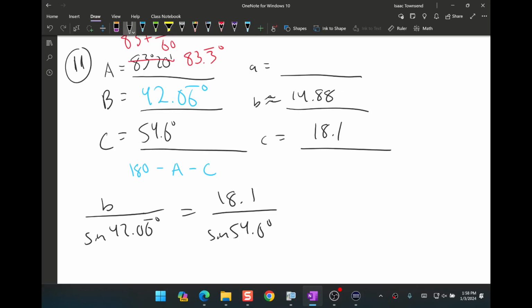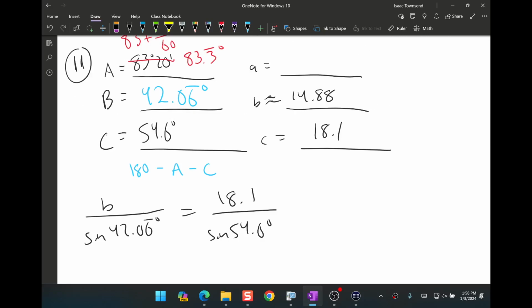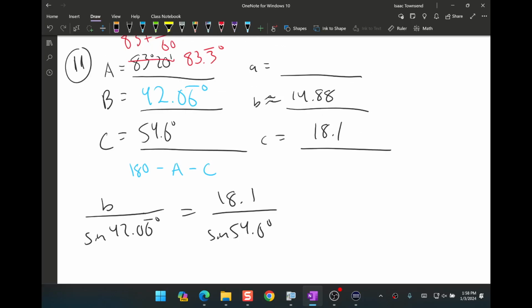And then I could pair up this information to solve for A, or I could pair up this with this to solve for A. It shouldn't matter, but I'm going to pick the C stuff with the A stuff because C was given to me. There's always a chance I had made a mistake in angle B or something, or side B.